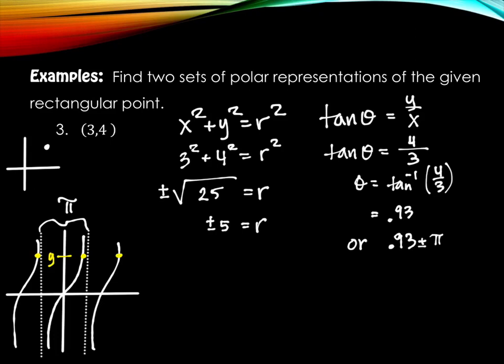So let's start with letting r be 5. Okay, so if r is 5, then I'm on the positive side of the x-axis, right? That's the easiest one to do. So if I have an r value that's 5, which means I'm over here somewhere to start with, what angle would I need to get up to here?